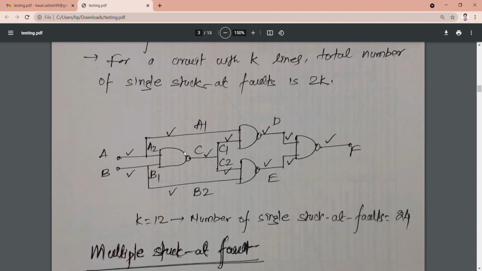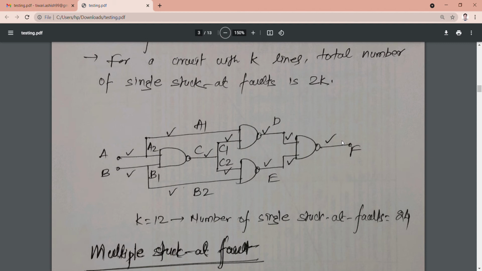Here it is a NAND gate, NAND gate, NAND gate, NAND gate. It is nothing but a representation of an XOR gate in terms of NAND gates. Here you can count how many lines are there. This is the first line, the second line, the third line, the fourth one, fifth one, sixth one, 7, 8, 9, 10, 11, 12. So 12 interconnection lines are there where we can have faults.